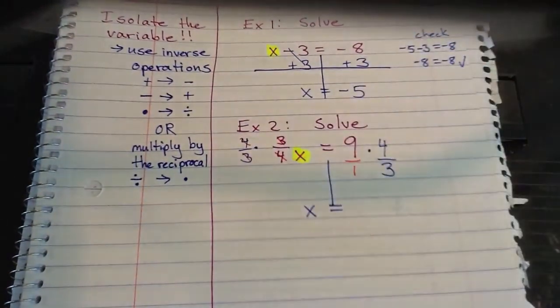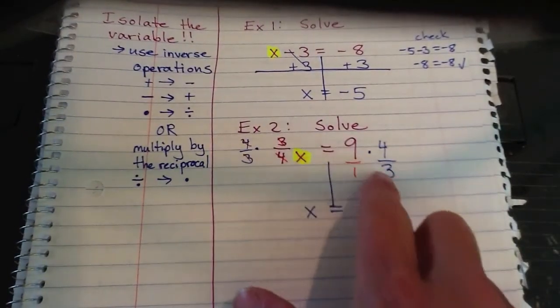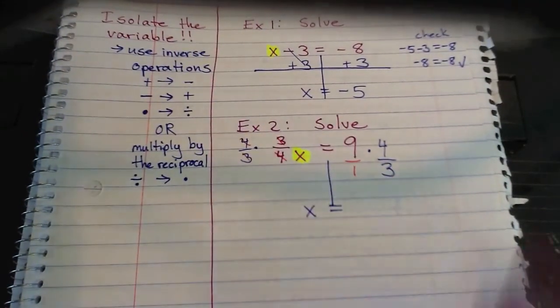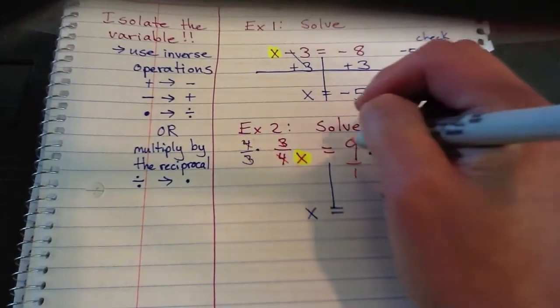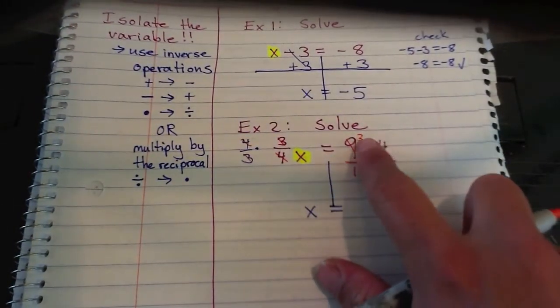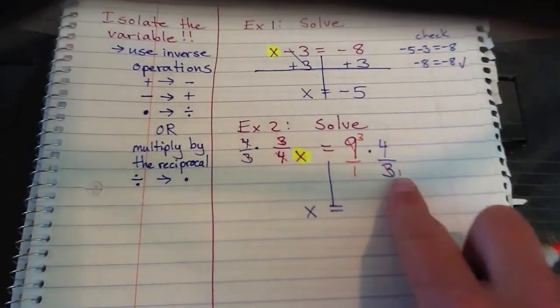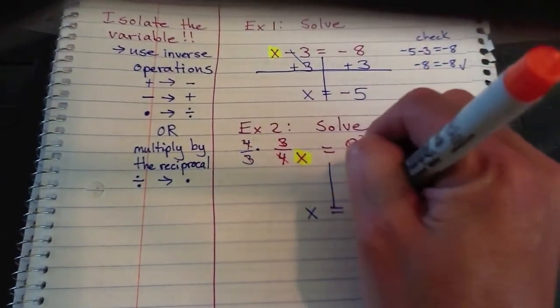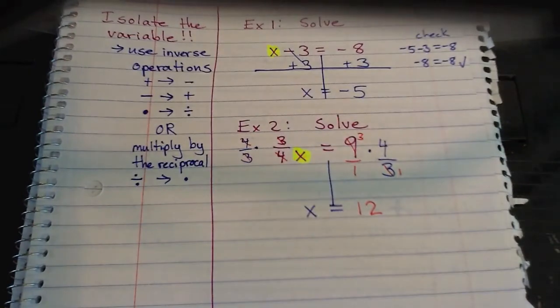So I can cross simplify here. 3 goes into 3 once, 3 goes into 9 3 times, and now I can multiply across. 3 times 4 is 12, and 12 over 1 is 12. So x equals 12.